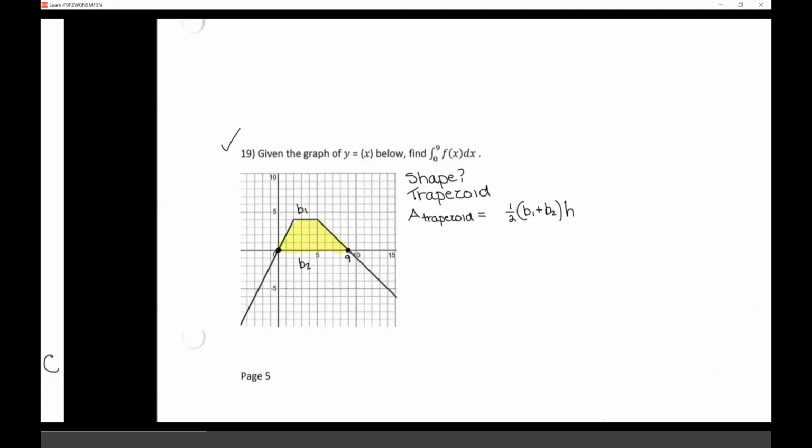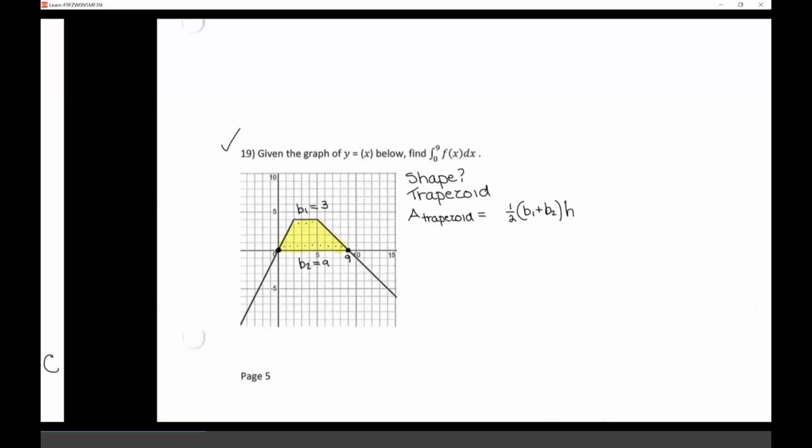So I'm going to average the bases and then multiply by the height. Okay, so let's see if I can get these values. B1 looks like it's 3 units across, 1, 2, 3. And B2 looks like 1, 2, 3, 4, 5, 6, 7, 8, well, 9. Okay.